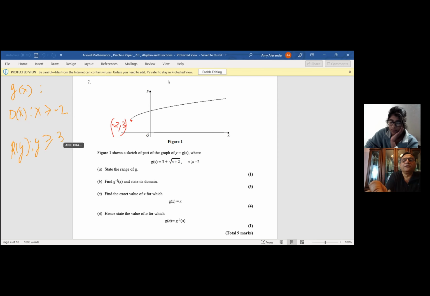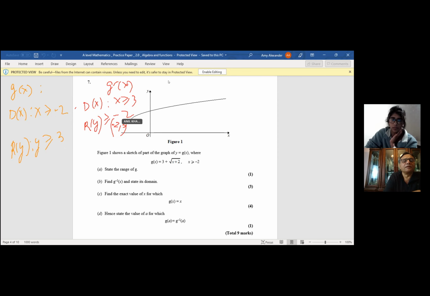Now for the inverse function, it will swap. So for the inverse function, the domain will now be x greater than or equal to 3, right? And the range y will be greater than or equal to minus 2. Do you see how it just interchanges?